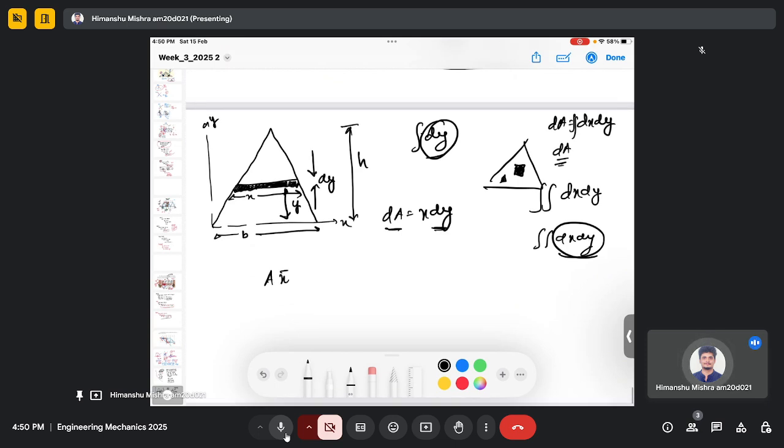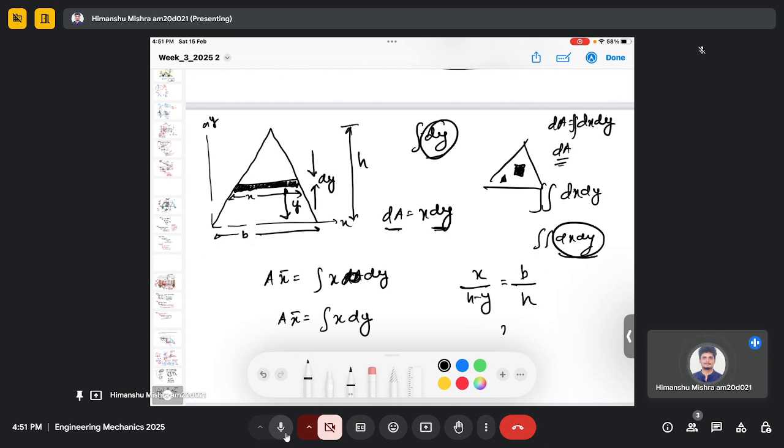Then you can use this relation A x bar equals integral of x dA. So A x bar is integral of x, sorry, this is dy, should be x dy. So now you can actually use the property of the triangle. It says that x divided by h minus y equals b divided by h.